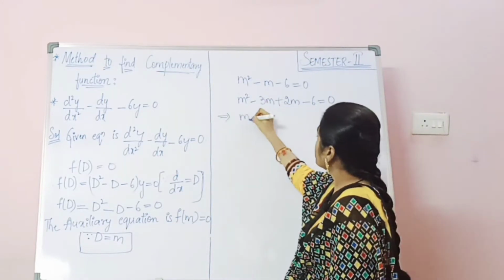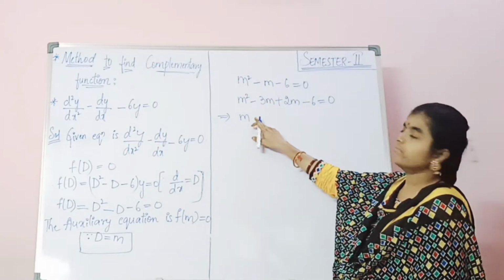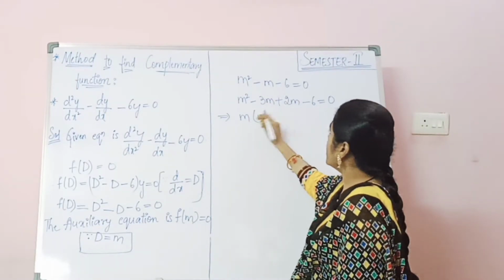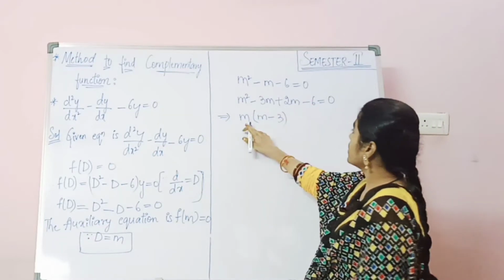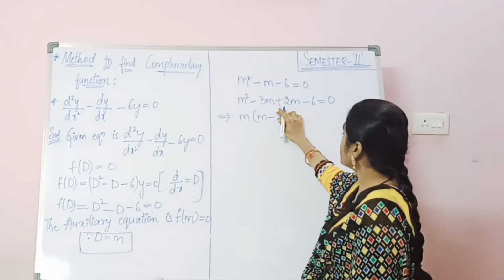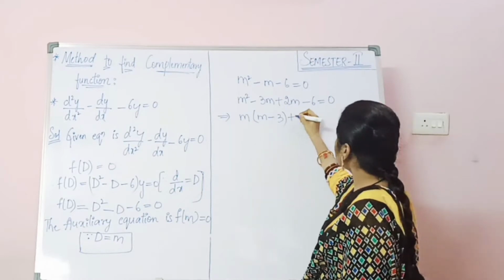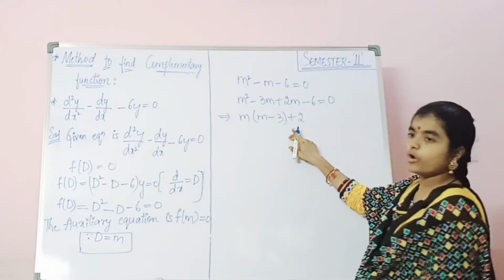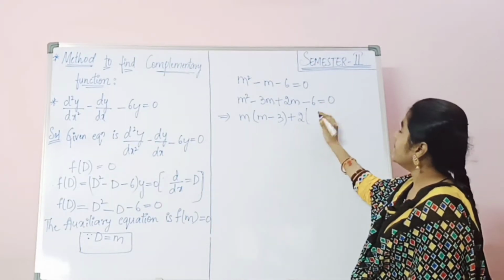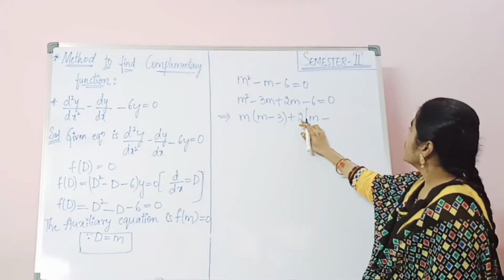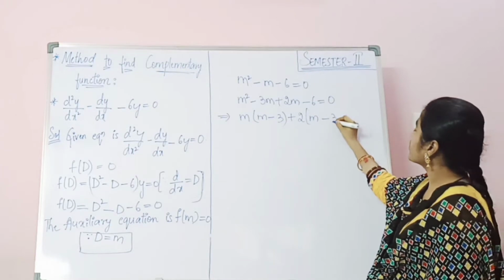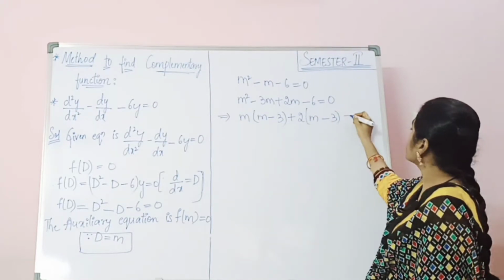Now take m common: m into m minus 3, plus 2 common: 2 into m minus 3, since 2 times minus 3 is minus 6, equals 0.